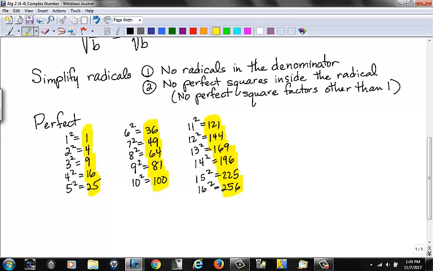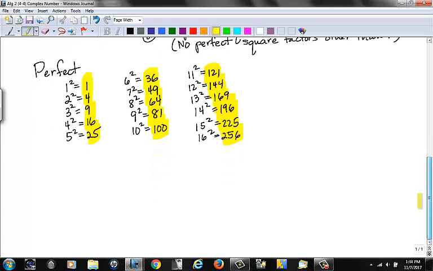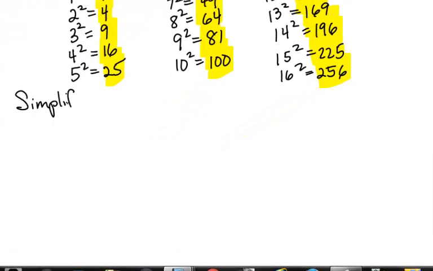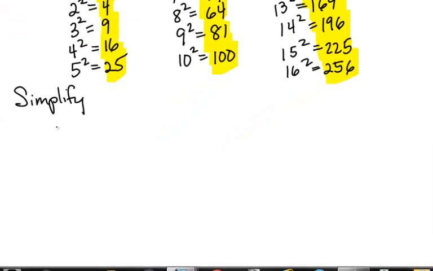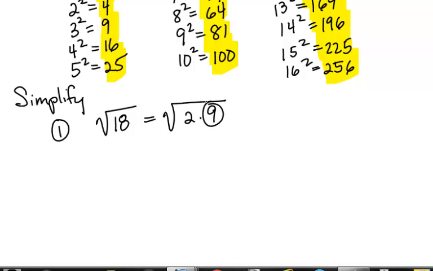Okay, so now let's go through. I'm going to take you through several examples, and all the directions we'll say is simplify. Okay, on number 1, square root of 18. So you look for the largest perfect square inside 18, and that would be 2 times 9, and out of that square root of 9 you can take out a 3. 3 radical 2.